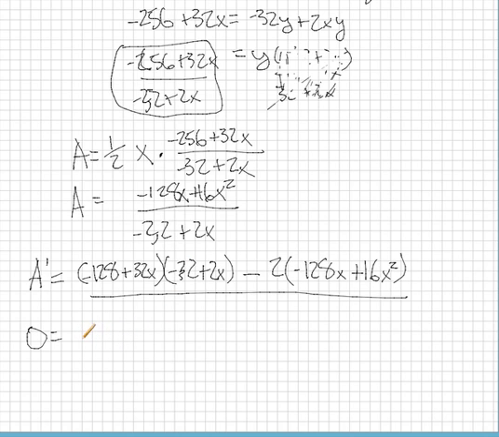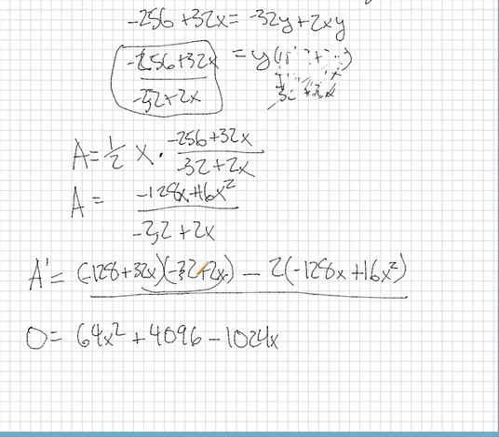So we'll do these first. It's going to be 64x squared. And then 128 times 32. And they're both negative, so it's going to be plus 4096. And then we're going to do 32 squared and add an x. So it's going to be minus 1024x.